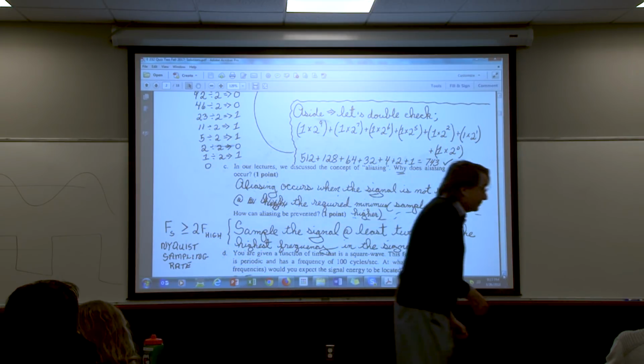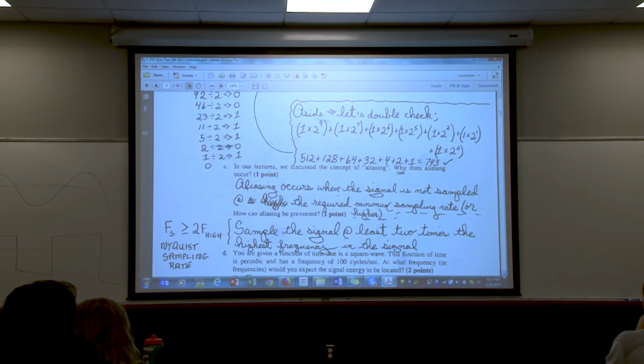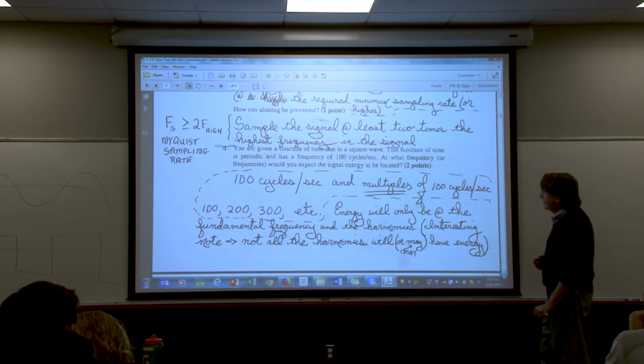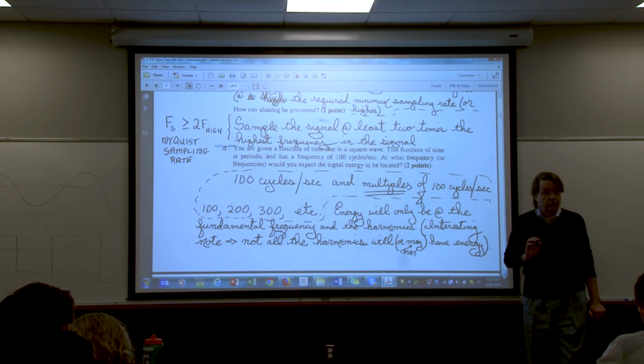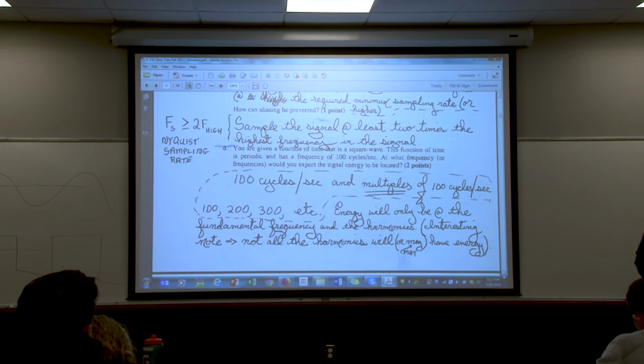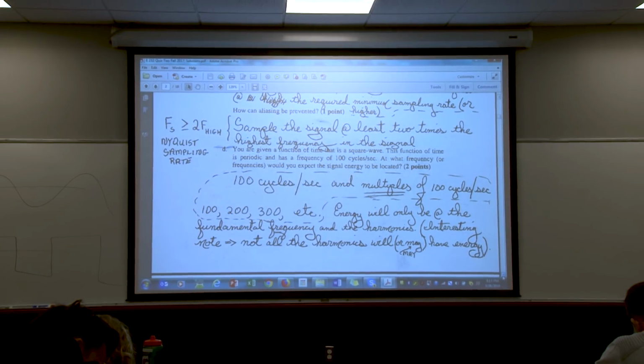So I would expect to see energy at 100 cycles per second and multiples of 100 cycles per second. Now, I'm not guaranteed, because we had an example in a class that did this, that I will have energy at 100 and 200 and 300 and 400.